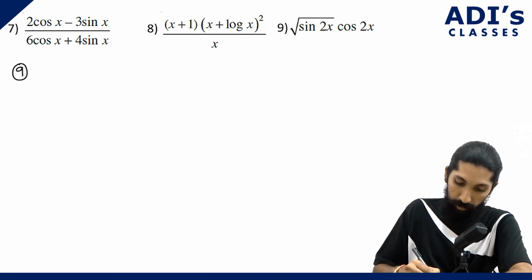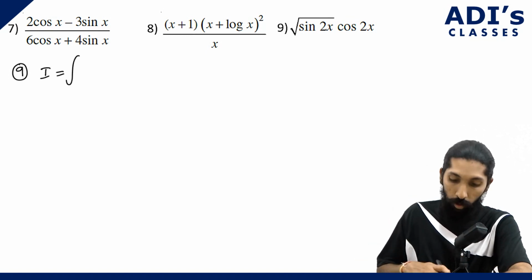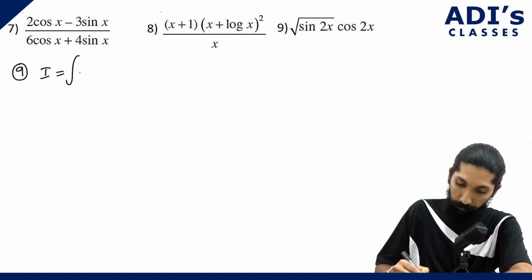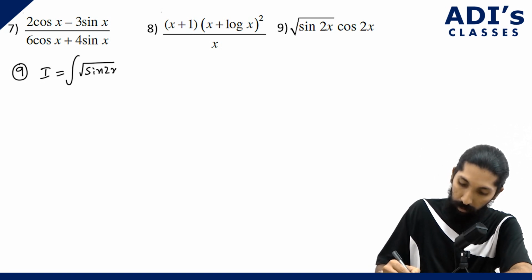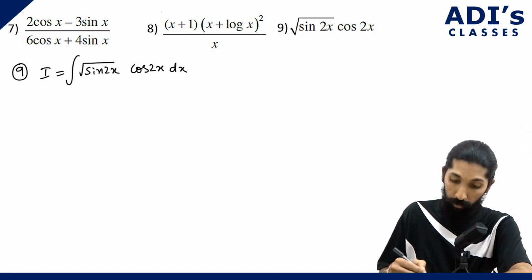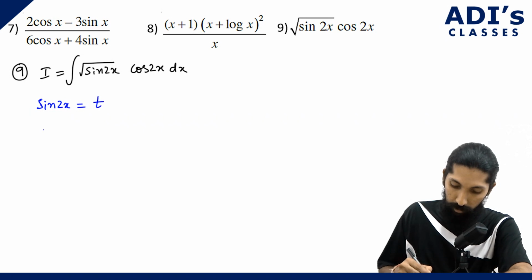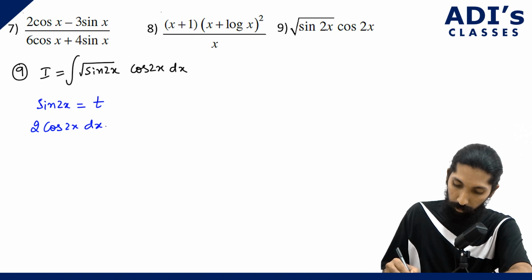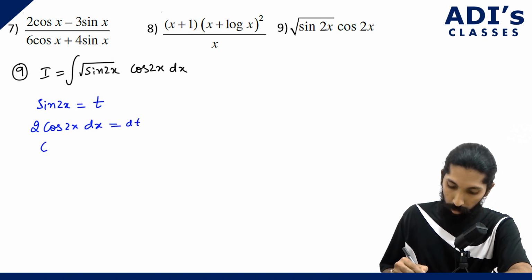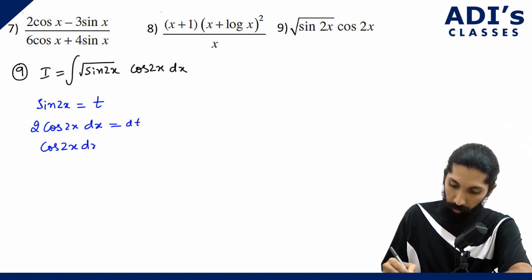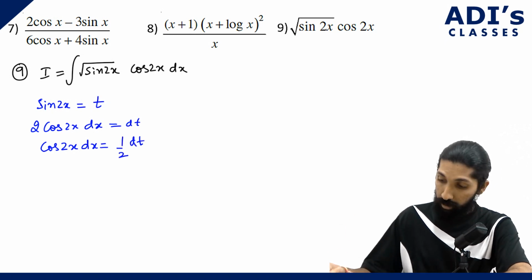So we have I is equal to integral of root of sine 2x cos 2x dx, right? So take sine 2x as t. So you will get 2 cos 2x dx is equal to dt, or cos 2x dx is equal to half dt, right?